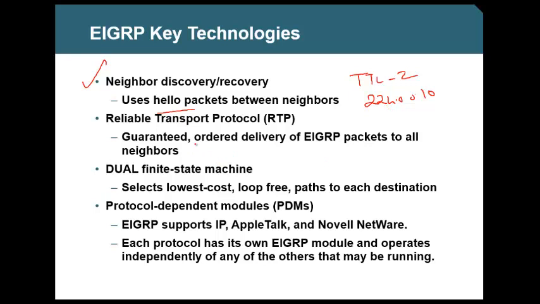And EIGRP uses a reliable transport protocol because it works in layer 3. Only in layer 4 do we have TCP. In layer 3, we don't have that connection-oriented approach. But EIGRP has got its own reliable transport protocol to provide that connection-oriented approach, to receive acknowledgement, to send acknowledgement.